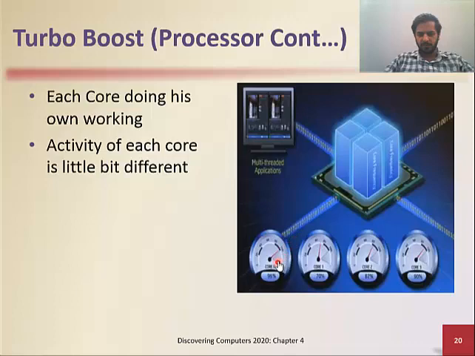So it's maybe 100%, 96% active for core 0. This core is 70% active. This is somewhere 82, and this is up to a 90% active core. So that is the normal working of your processor. All the cores are sharing the workload and working as a unit.